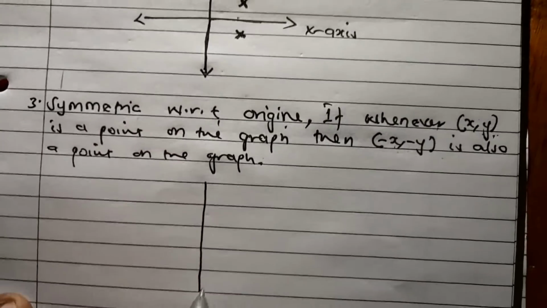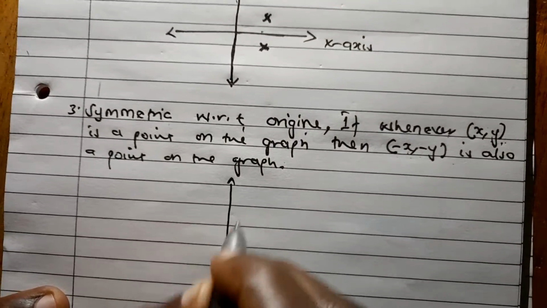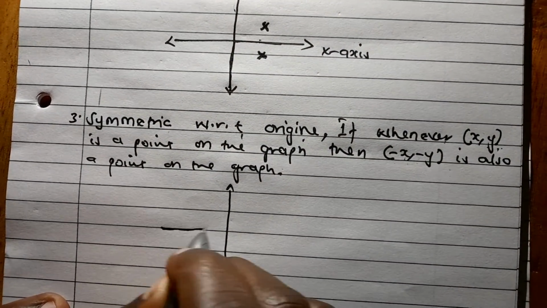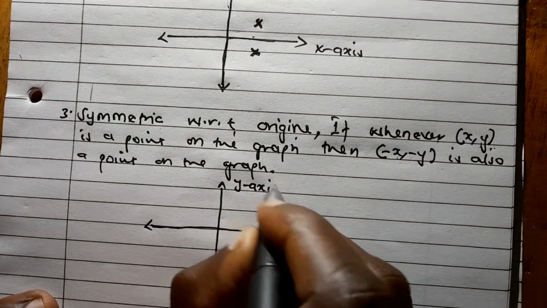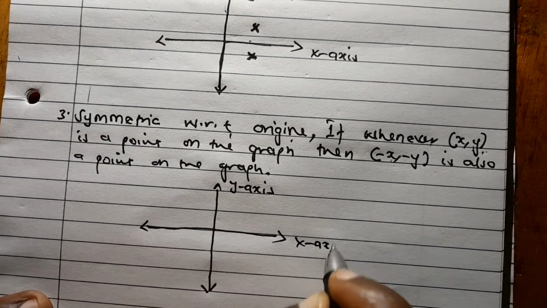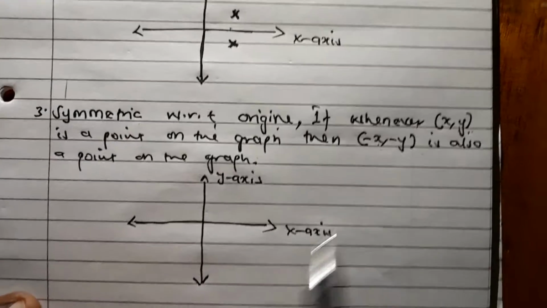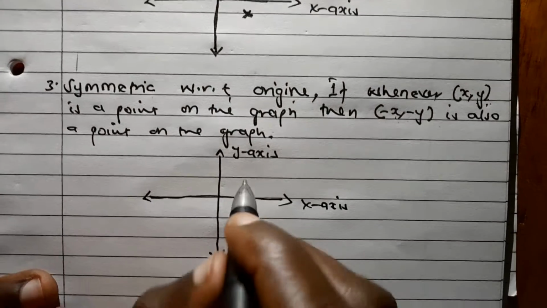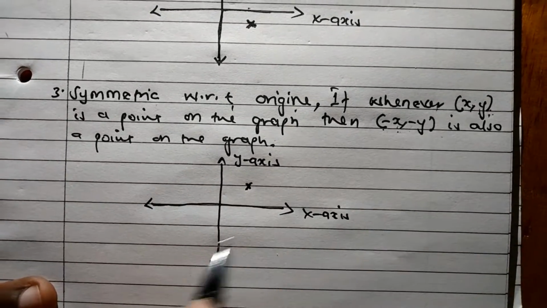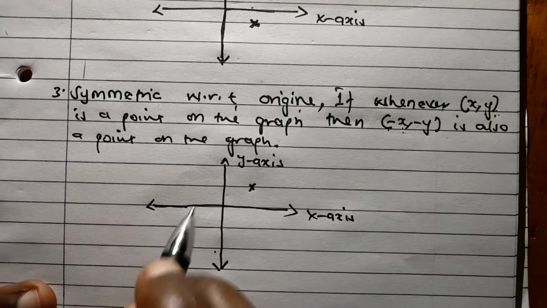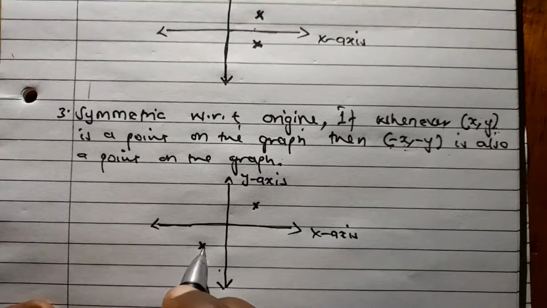As well, we can have a graph here trying to illustrate that. My y-axis and my x-axis. So we have a point x comma y somewhere here. Negative x comma negative y is somewhere here.